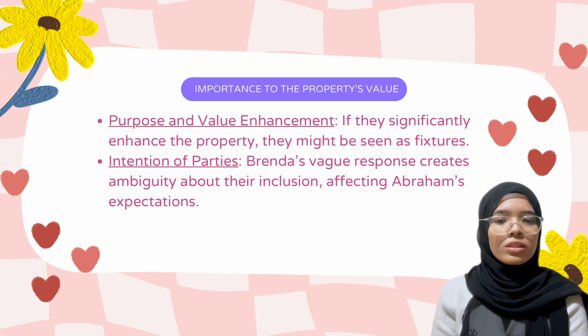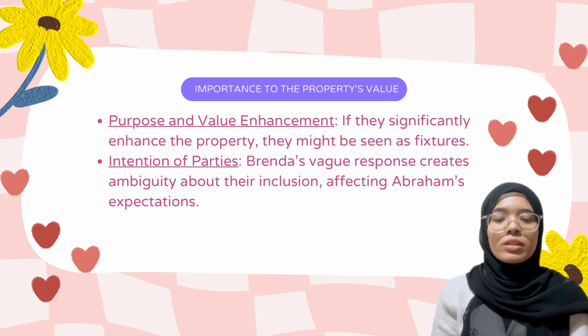Additionally, since Brenda did not expressly mention that the paintings and sculptures would be removed, a reasonable person might have assumed they were included in the sale, similar to the flagstones in Taylor v Hamer. However, Brenda argued that the high value of the paintings and sculptures did not make sense for them to be included in the sale of the property.